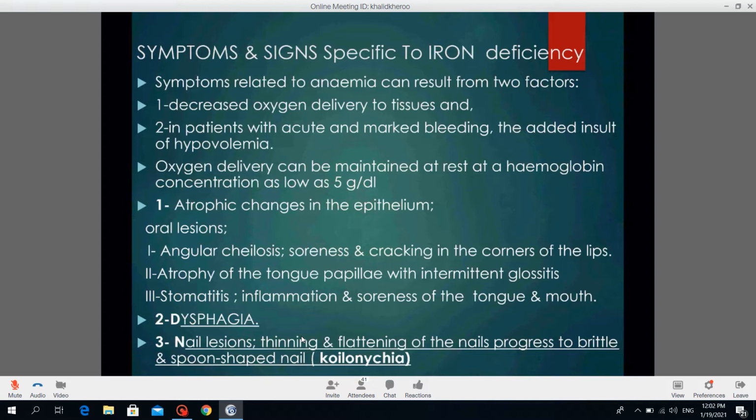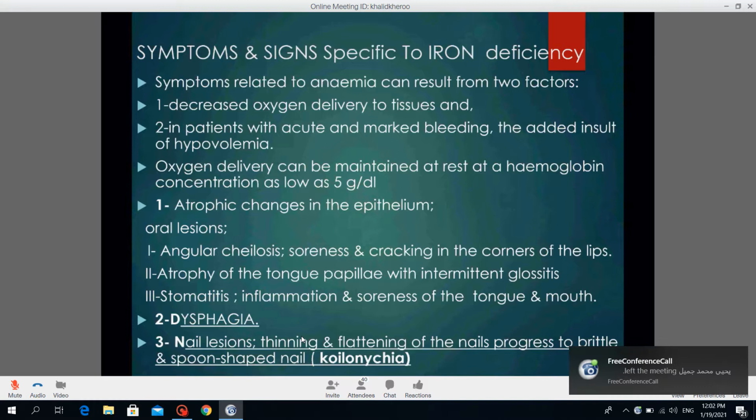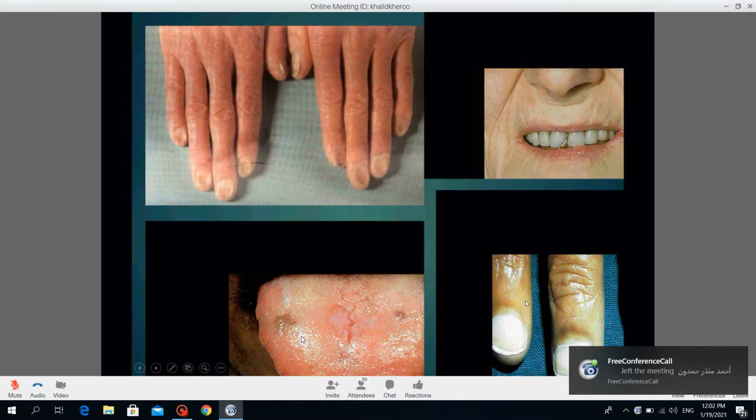So الايرون not only present in the RBC ولكن موجود بأذر sites، ولذلك مريض ما يجينا بس انيميا، بس ممكن يجينا manifestation and presented with manifestation due to the other tissues and organs. And these are the spoon shape. This is the angular cheilosis, this is the brittle nail, and this is the glossitis.